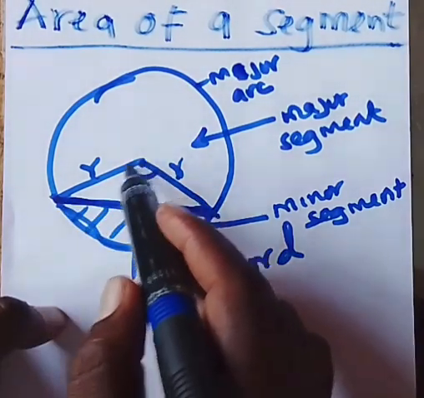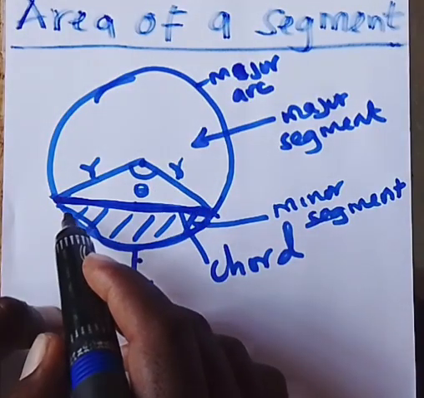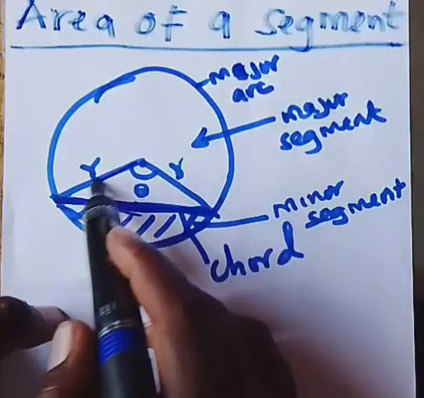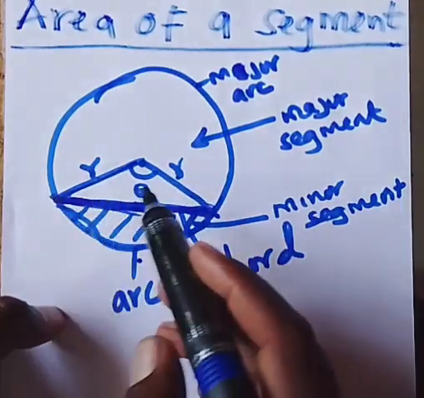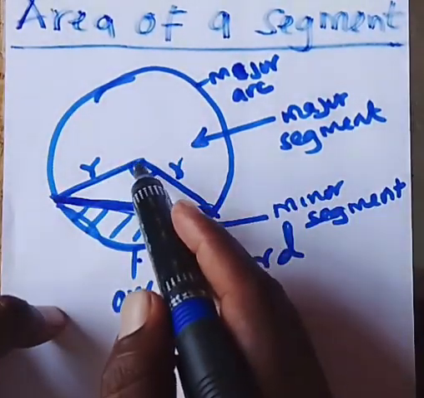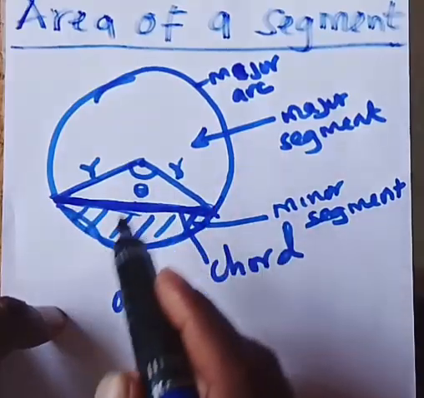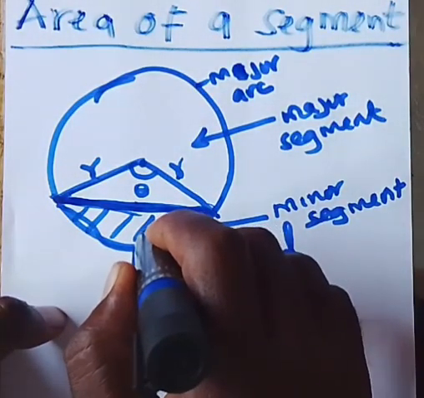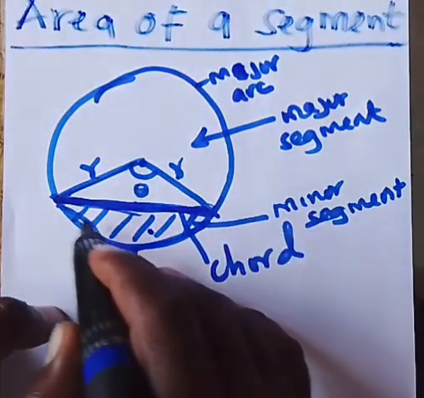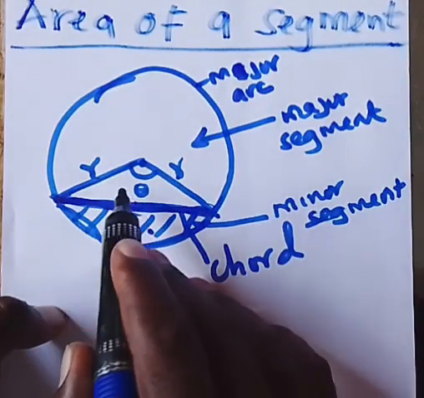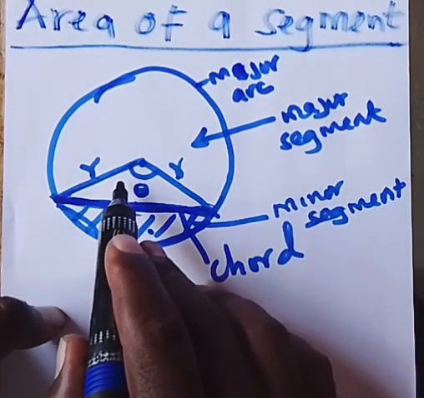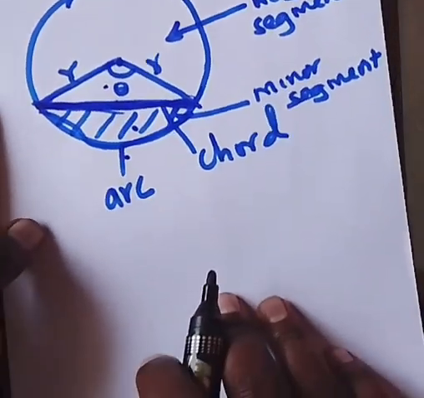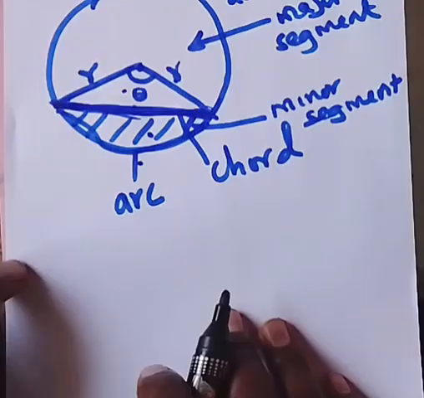And if you remove this segment from the sector, you are going to remain with a triangle. So inside this sector, we have a triangle and a segment. So if you need this segment, you will take the whole area of the sector, then subtract the area of this triangle. But first, let's define what is a segment.